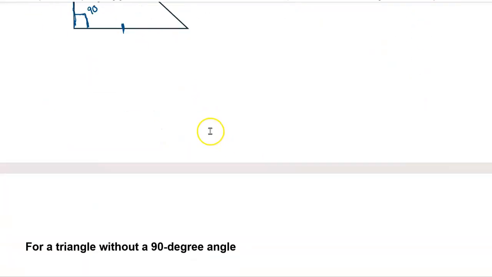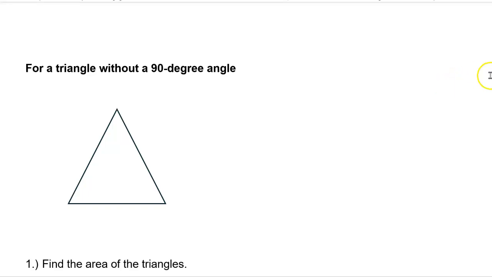Now, for a non-90-degree triangle, notice that box is not there. I look at all of those angles and they all look to be about the same size. That just tells me it's not a right triangle. That means to find height, you will have to be given an indication of the height, an actual dimension for it.